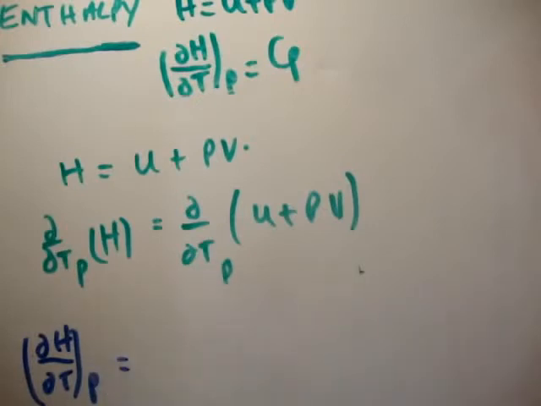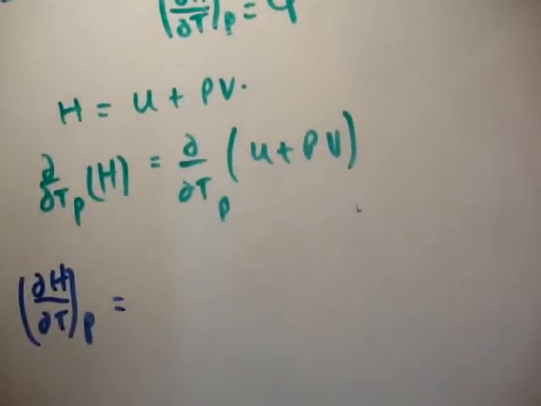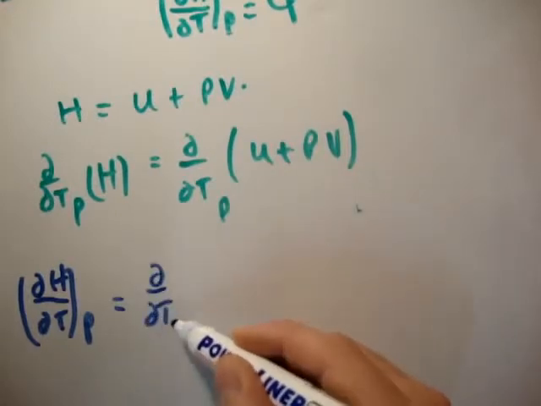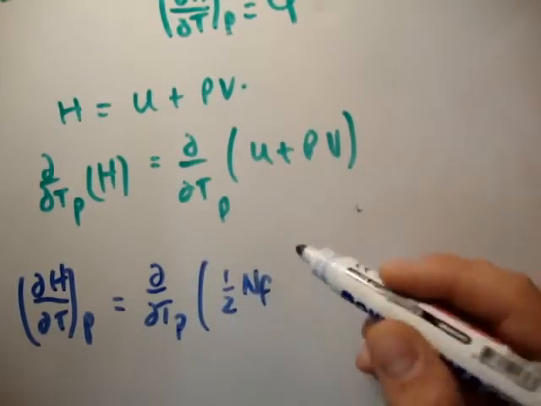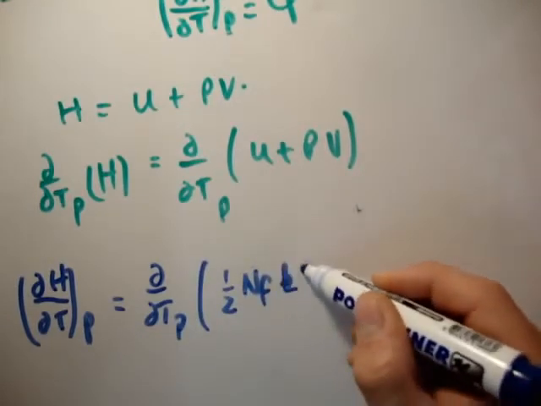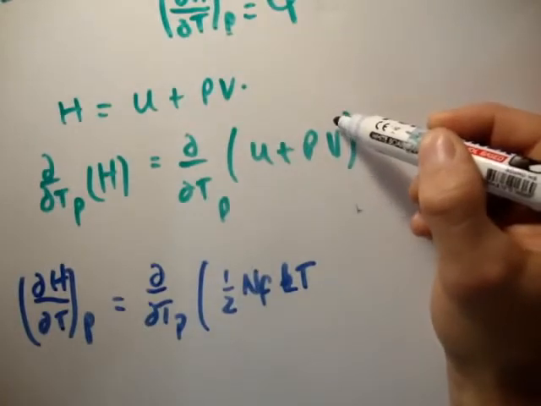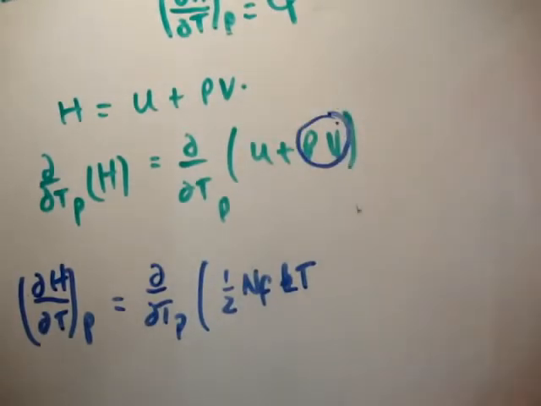Let's assume that our system obeys the equipartition theorem. Therefore, there is a half kT kinetic energy per degree of freedom, and as a result we get del T, constant pressure, of half N, the number of molecules, F, the number of degrees of freedom, K times T. Okay, and we can rearrange this. We can put in the ideal gas law here, as I did in the previous video.